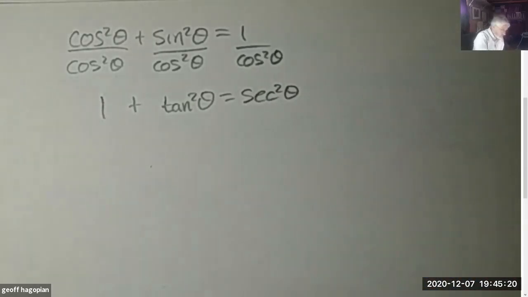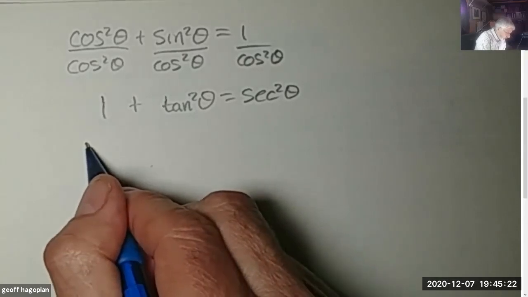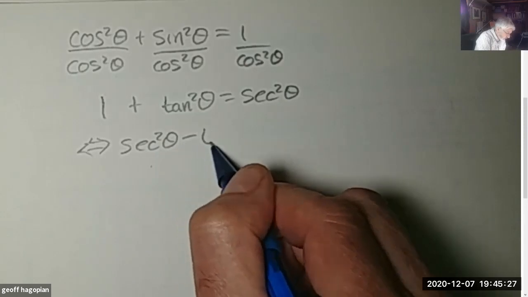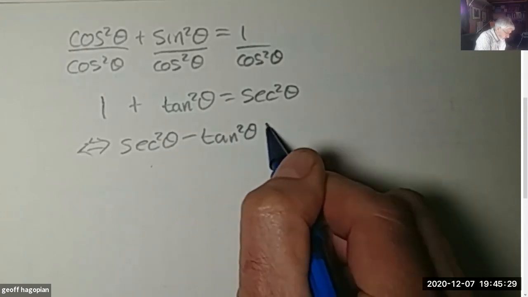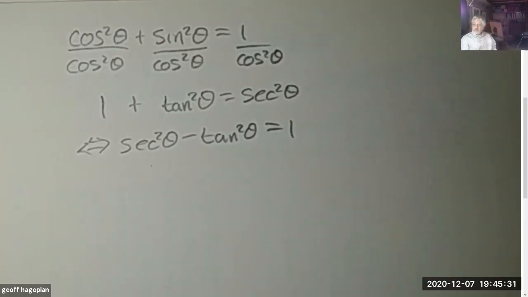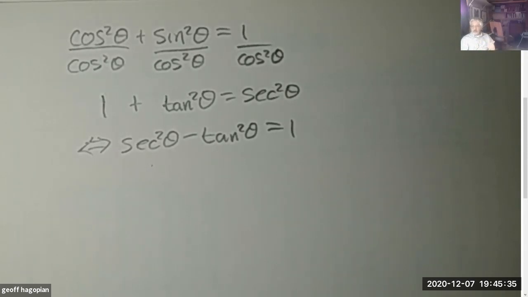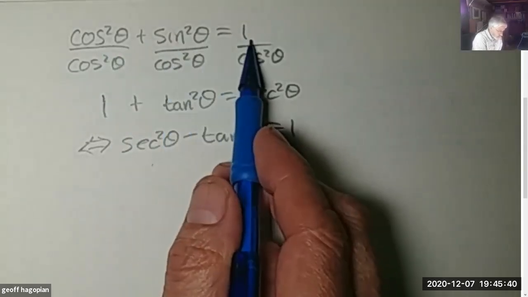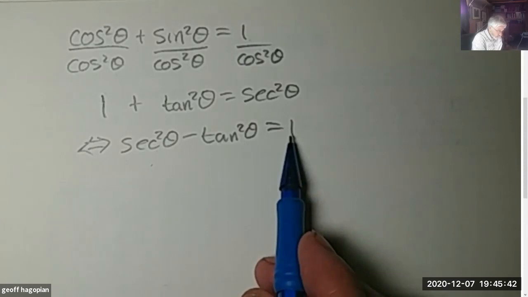So an equivalent form of that is to say that secant squared theta minus tangent squared theta is equal to 1. So that's a difference of squares equals 1, right? So that's like the hyperbola. The ellipse is a sum of squares equals 1. The hyperbola is a difference of squares equals 1.